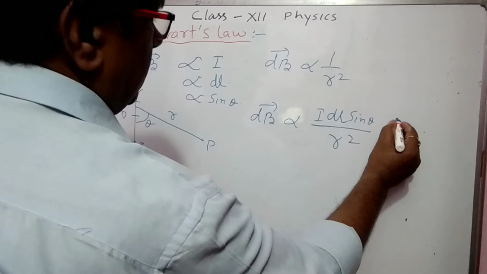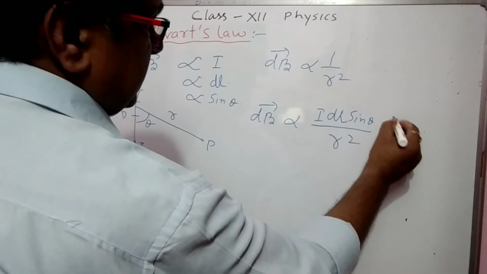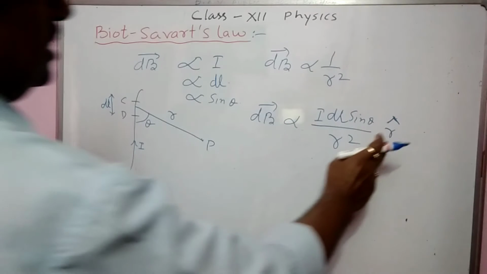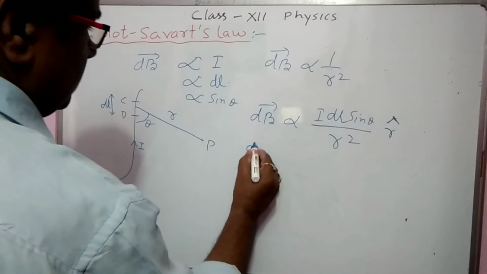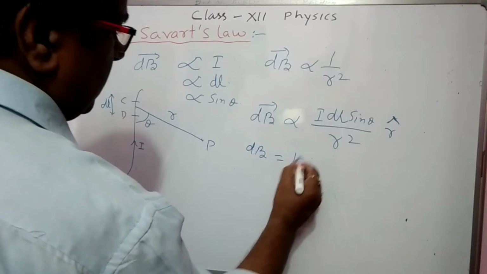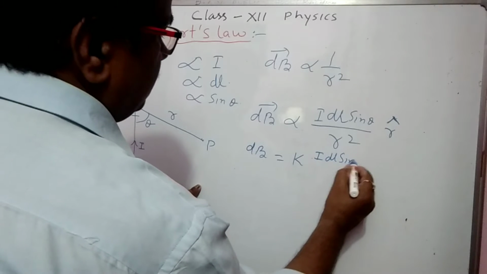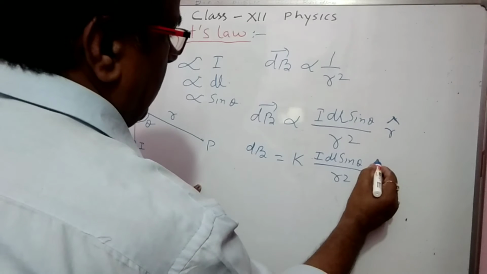Magnetic induction is a vector quantity, so we have to put a unit vector here. So dB is equal to k I dl sin theta by r square into r cap.